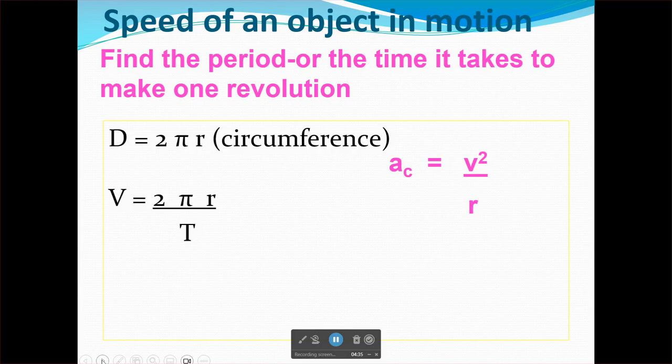And because this course is not trigonometry based, I'm not going to break that down for you, and I'm just going to go ahead and give you the formula. We can also write the formula this way. So the acceleration of an object in circular motion could be v squared over r, or it could be 4 pi squared r over T squared. Okay, so again, I'm not going to derive those two for you because it's very trigonometry heavy. And so I'm just going to give them to you. So make sure that you write these down, okay?